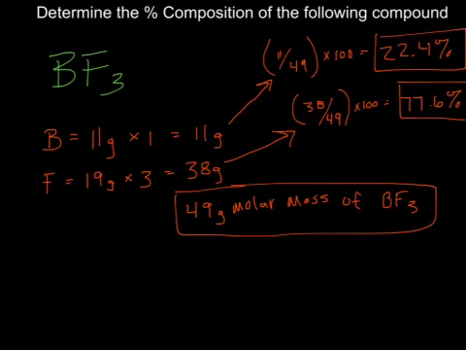Now, one word of caution for these: if you end up getting 100% when you add up your percent compositions. So if you plug into your calculator 22.4 plus 77.6 equals, that got an even 100%.